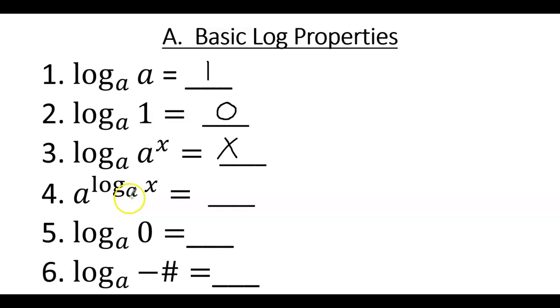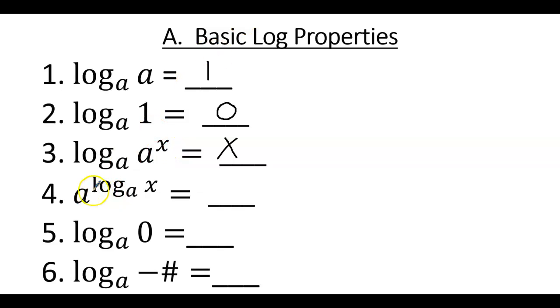Here's another one. Now this one is a little bit more difficult to think about in that way, but here's a nice way to think about a lot of these. We've learned that logarithms are the inverse of exponential functions, right? Since they're inverses, that means they're opposites, so in a way you can think of it like they cancel each other out. Like this cancels this and you're left with x.